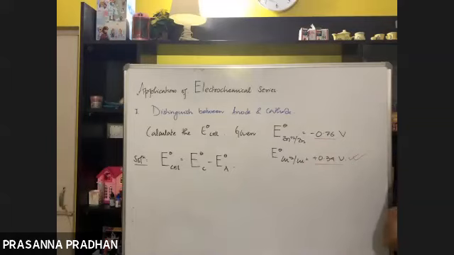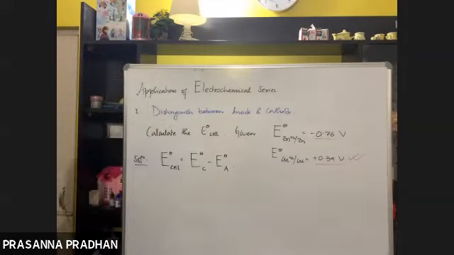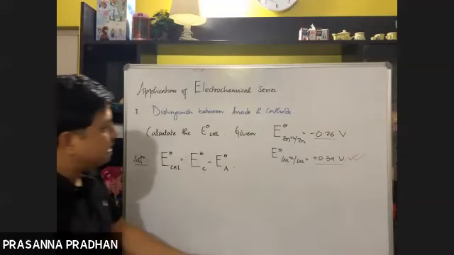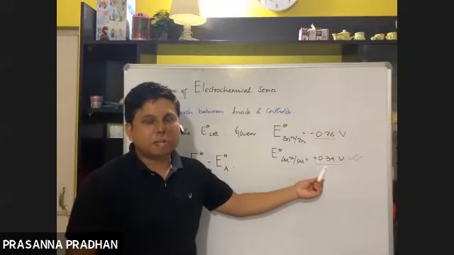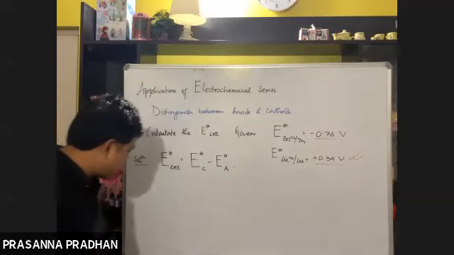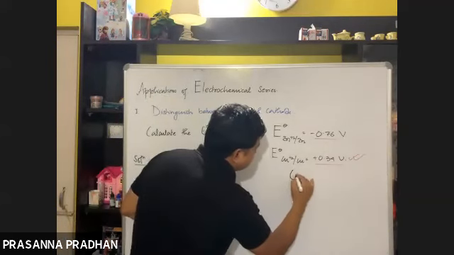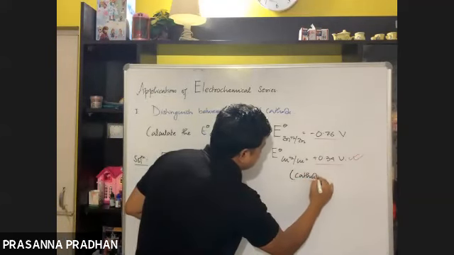Fine. And where does reduction take place? Anode or cathode? Cathode. So since copper has a higher tendency to undergo reduction, this copper electrode will behave as a cathode.